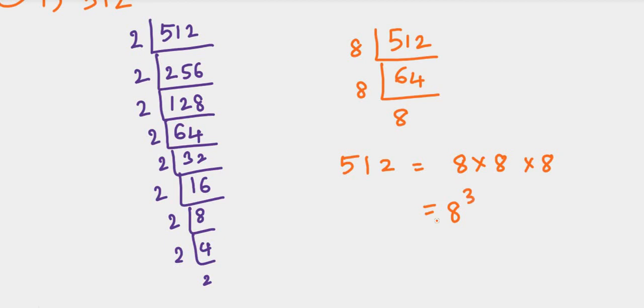In the given question, we only have to express 512 in the exponential form. Not only prime factors, not only composite or mixed. So that's why both are correct. In any method you can do. Either you can express as 8 cube, or you can express as 2 to the power of 9. Both are correct.